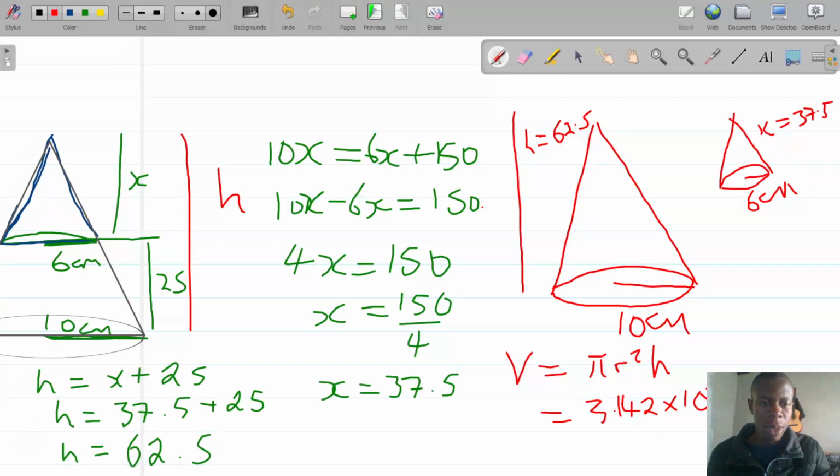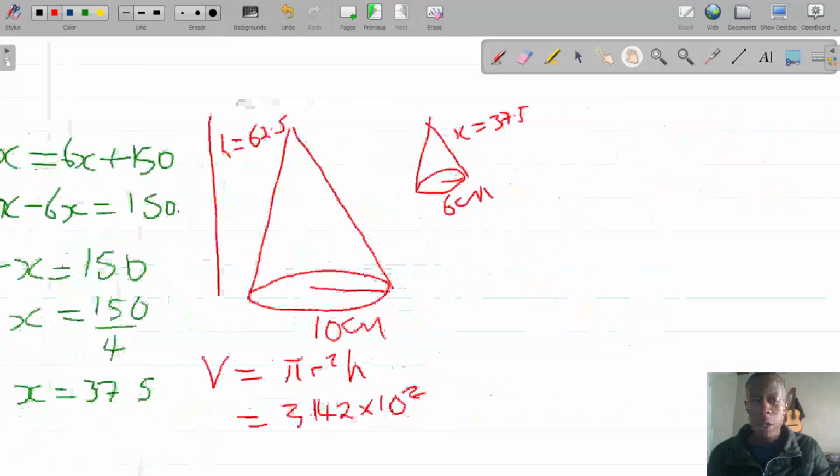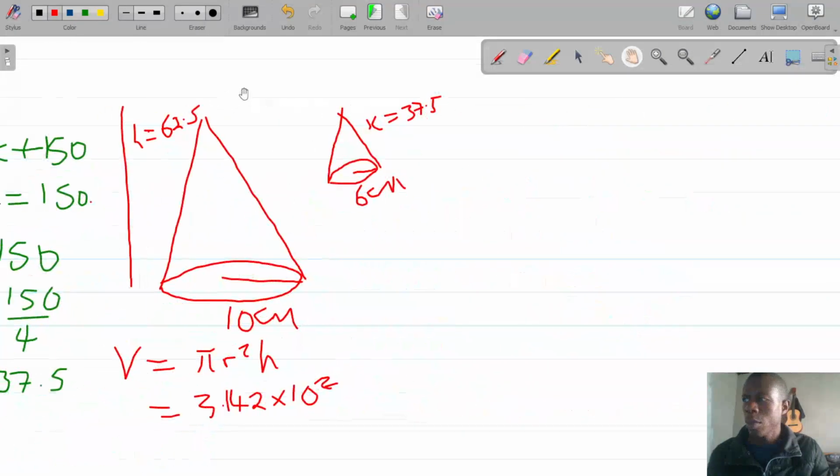Let me just move this over here. All right, times the height. What is our height? Our height is 62.5.